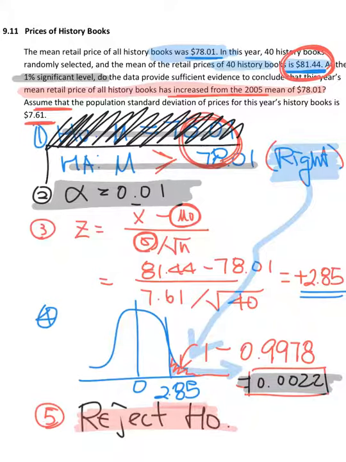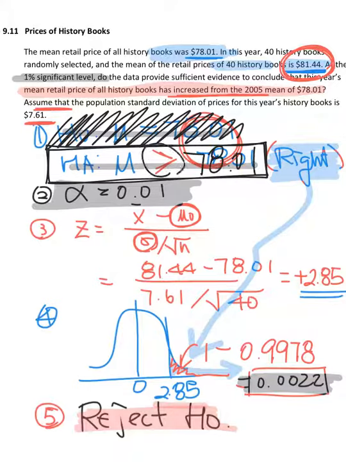Then we have to take the alternative hypothesis. What does it mean? Greater than 78.01. Does it increase or not? Increase.